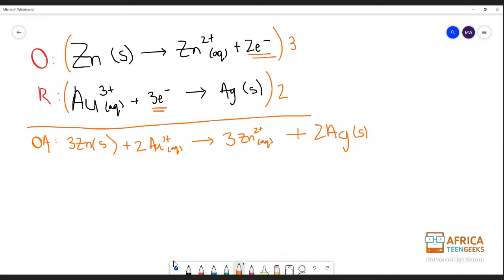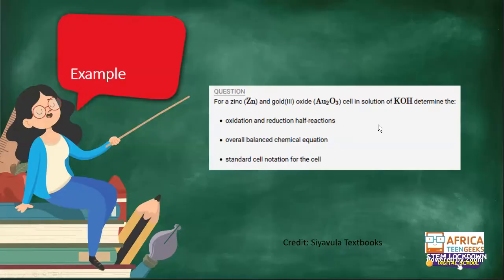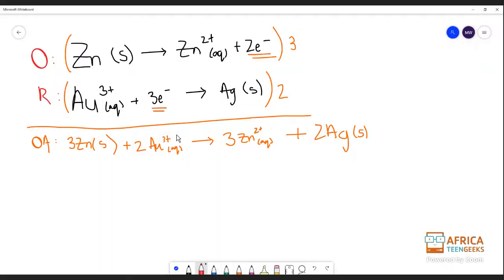But then, going back to the question, they told us that it is in a solution of potassium hydroxide, and they tell you that the gold is in the form of gold oxide, so it is bonded to oxygen. So you have to remember to put that oxygen back into your equation, because that's just one of your spectator ions. So you will have an oxygen for this gold molecule and an oxygen over here.